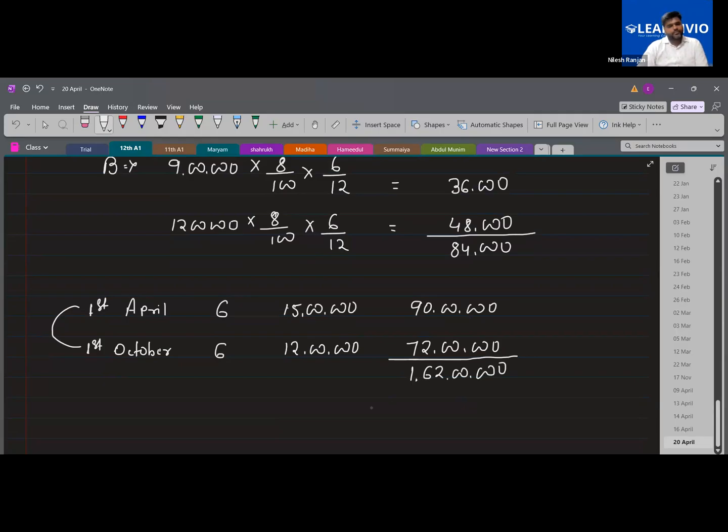Yes. And we then have to calculate interest on this amount for 1 month only. So which is going to be 1 crore 62 lakhs into the rate. How much is the rate? 8%. So 1 crore 62 lakhs into 8 by 100 into 1 by 12. Yes.